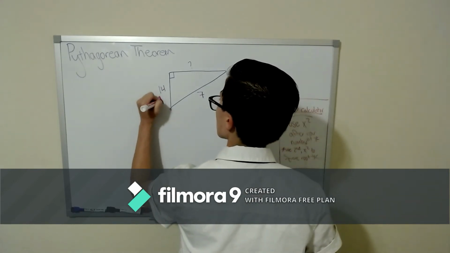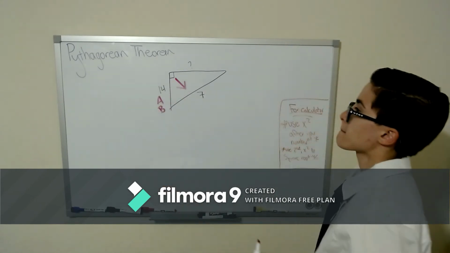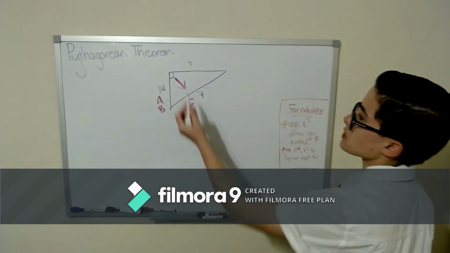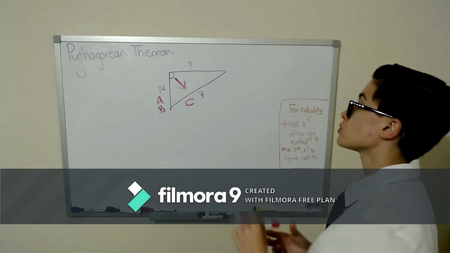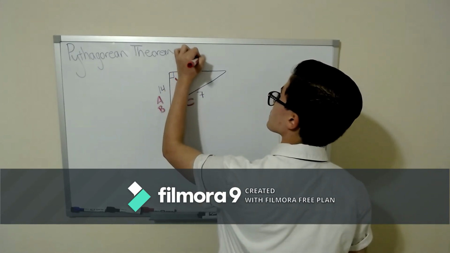This can be A or B, but this would still have to be C, as it's opposite of the right angle, which makes it the hypotenuse. This can also be A or B.